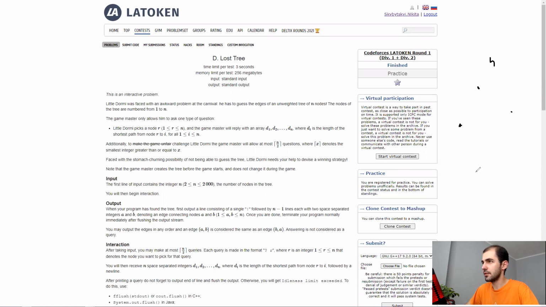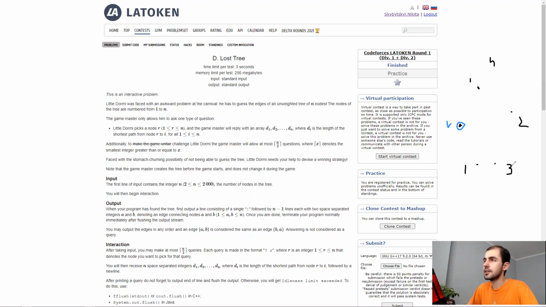Now with that information in mind, you can ask n over 2 rounded up queries of the following form. You pick an arbitrary node in this tree. You call it R because it's going to be a root of something. And what I tell you is the distances from this root to all other vertices. For example, I can say that this one is 1, 1, 2, 3.